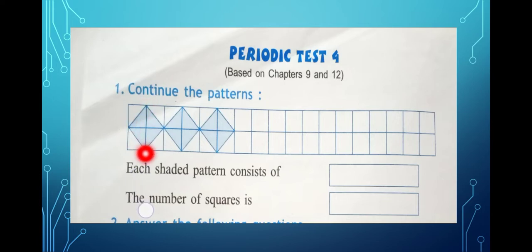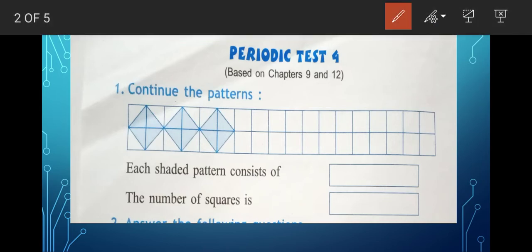Inside this square it is divided into 4 equal parts, and each part is looking like a triangle. Again it continues in the same pattern. I am not going to complete it. I will show you one pattern, and the rest you will do yourself.